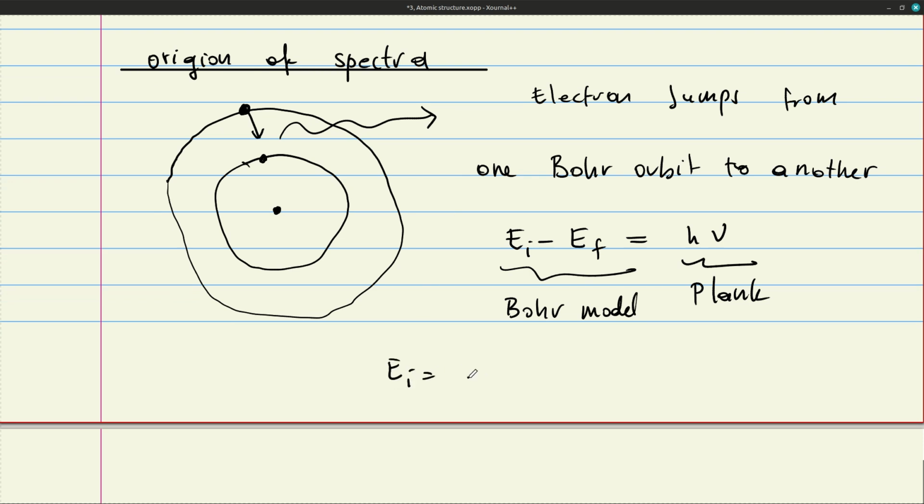And E initial, let me call this E1, is equal to 13.6 eV. Some people want to put a minus sign. Don't confuse yourself. Whichever is more comfortable for you, do it that way. Then E initial is E1 over N initial squared, and E final is equal to minus E1 over N final squared.